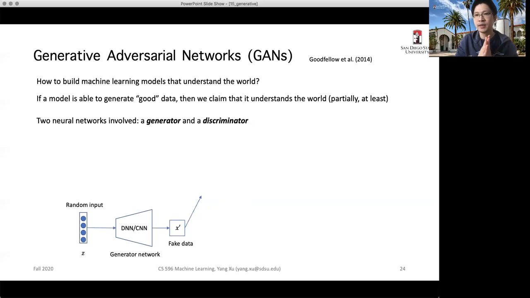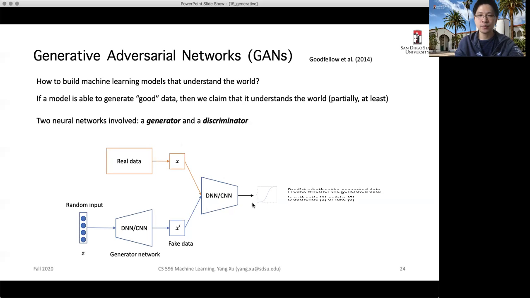It's like we enlarge the random input to some fake images. And these fake images will be compared with the real data, judged by the discriminator. And this discriminator will tell whether the generated data is authentic, is real or fake.